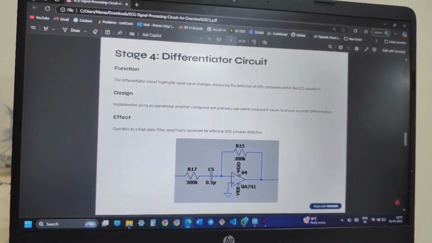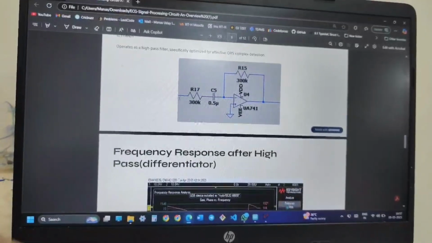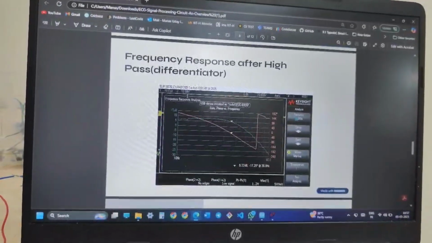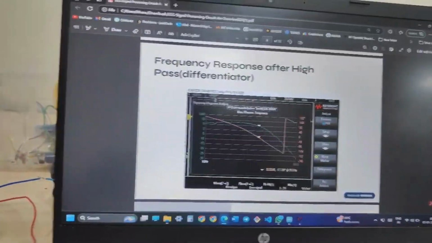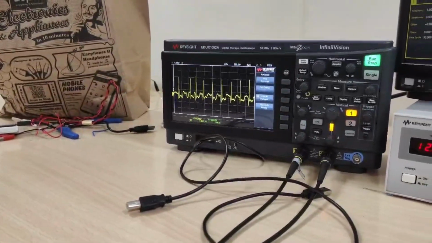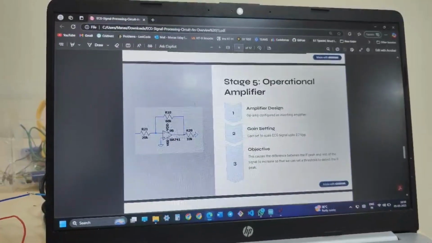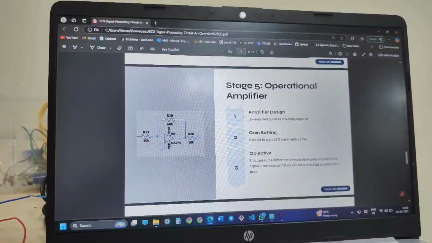But we can also observe that this circuit acts as a high pass filter. Here is the frequency response of the high pass filter, and here is the time domain response of the output of the differentiator circuit.